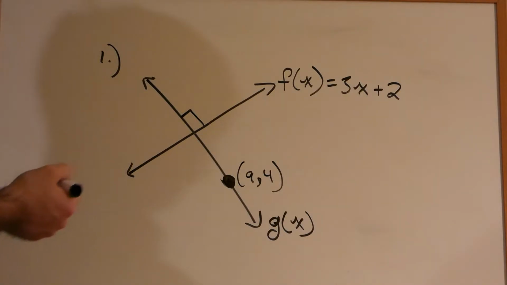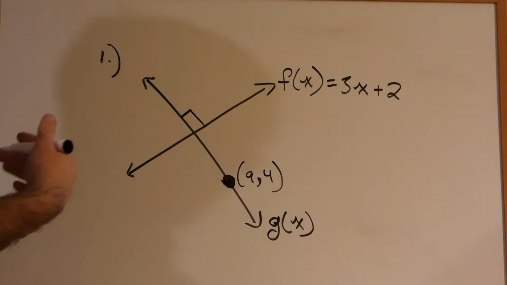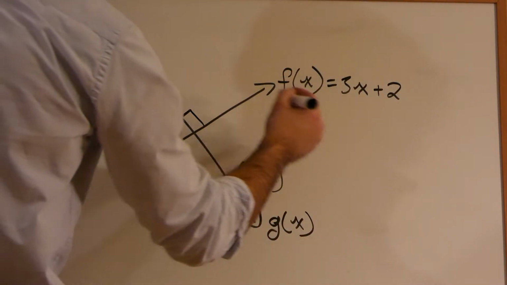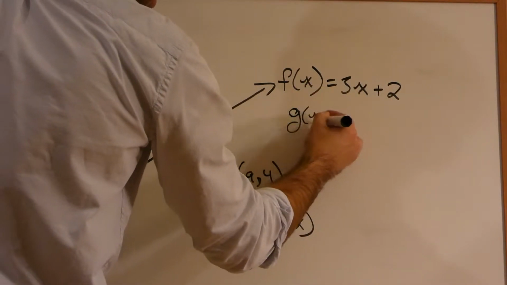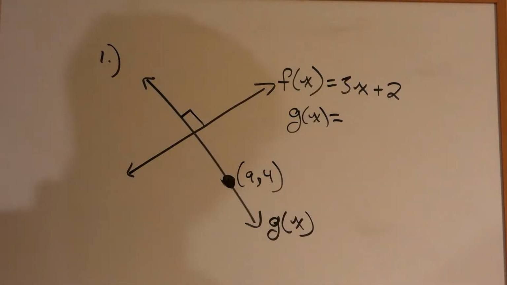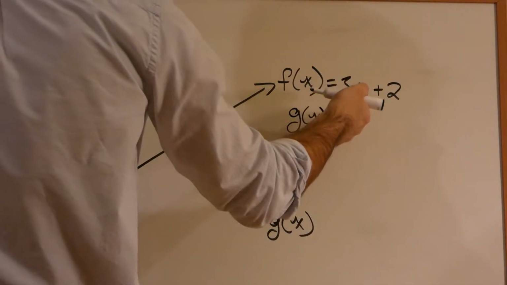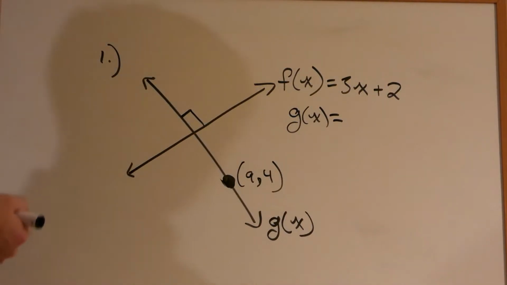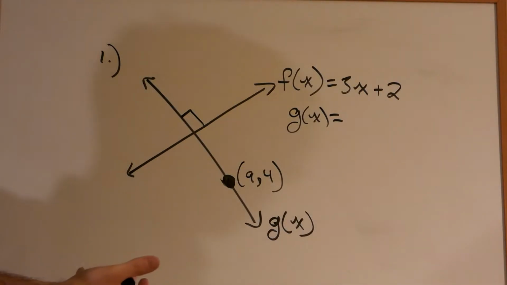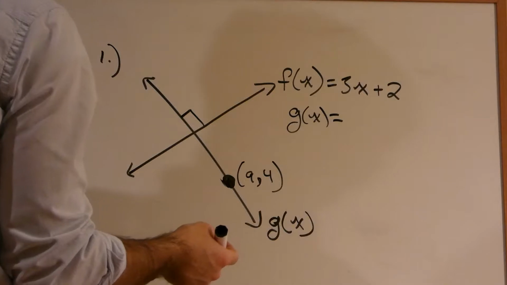So whenever I think of how to solve parallel and perpendicular line problems, I think of it in the context of slope, first off. So we're trying to write the equation of g of x. We write an equal sign because equations all have equal signs. And we're thinking of slope first and foremost. The slopes of two perpendicular lines are said to be opposite reciprocals of each other.